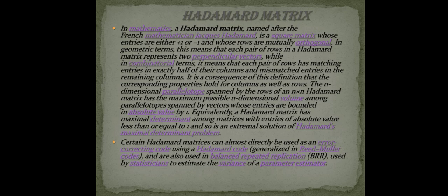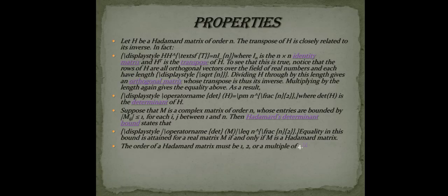Certain Hadamard matrices can almost directly be used as an error-correcting code using a Hadamard code, generalized in Reed-Muller codes, and are also used in balanced repeated replication, BRR, used by statisticians to estimate the variance of a parameter estimator.